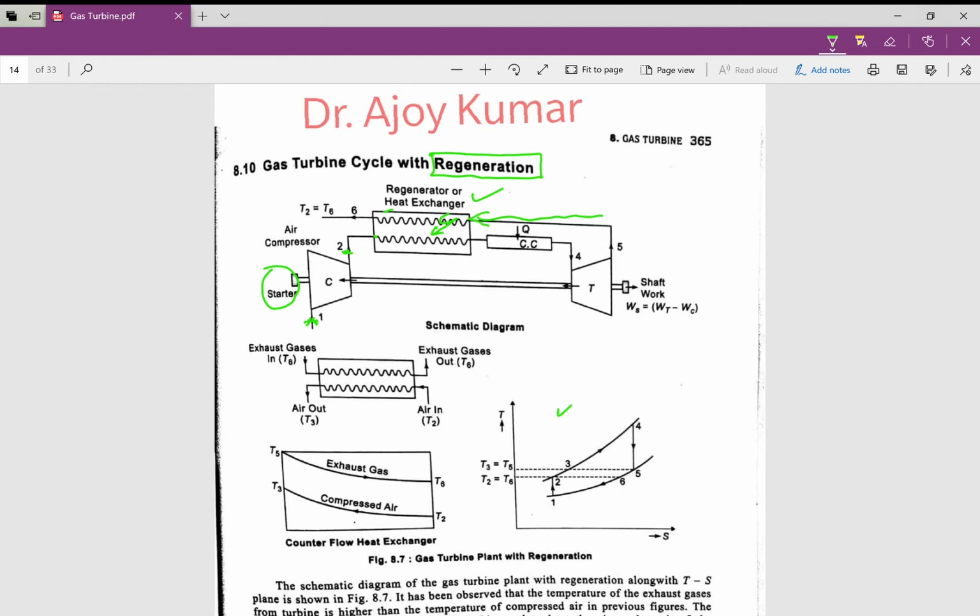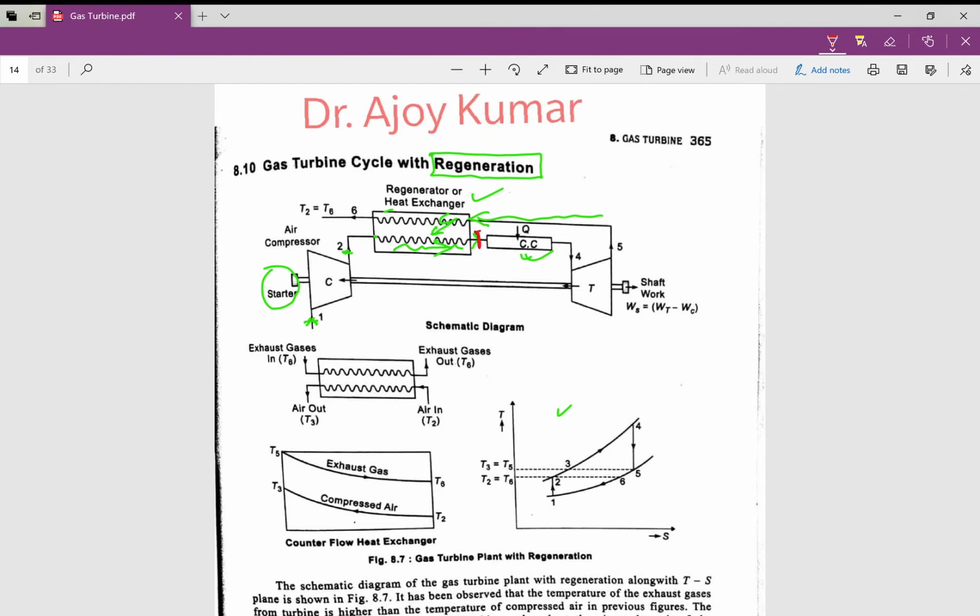This heat is transferred from this hot gas to this compressed air. This is the purpose of a regenerator: before going to the CC, that is the combustion chamber, we are supplying hot air at this point. So this point is nothing but point number 3.